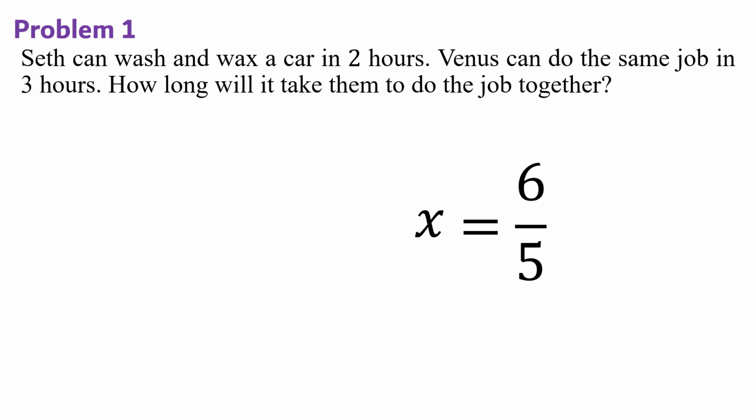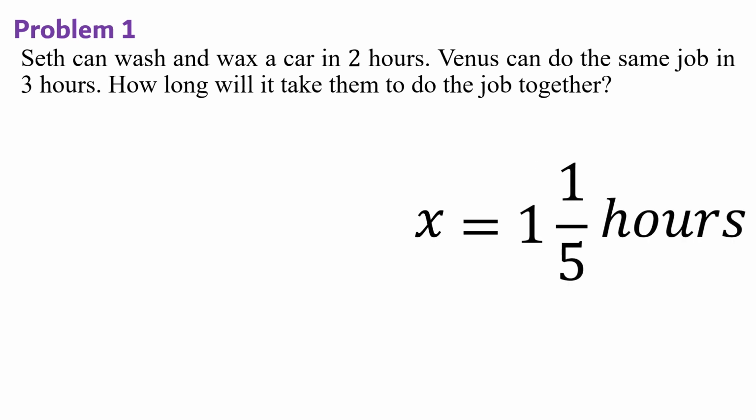So 6 over 5 changed to mixed becomes 1 and 1/5. So the answer is 1 and 1/5 hours. That means if Seth and Venus do the work together, it will be faster. It's only going to be 1 and 1/5 hours.